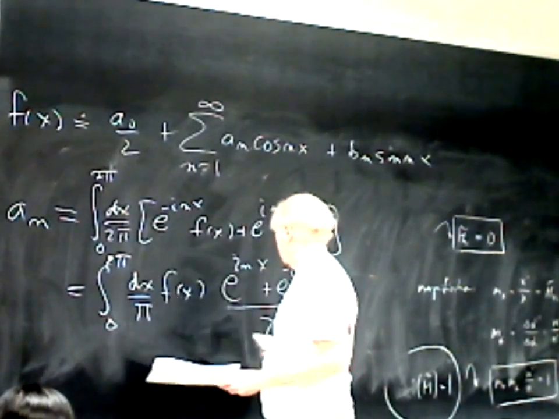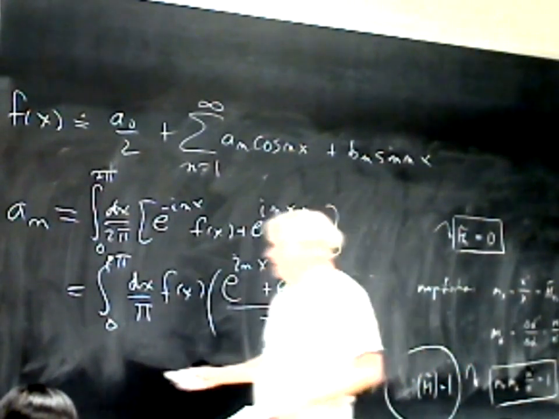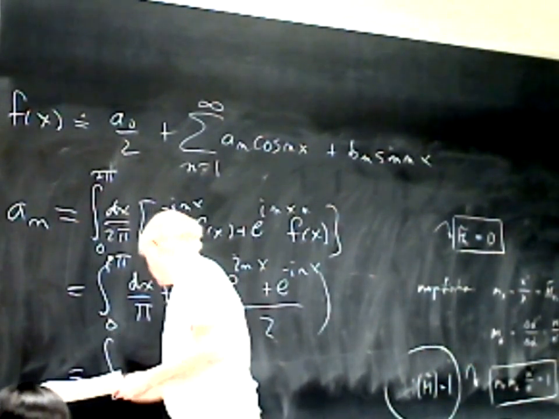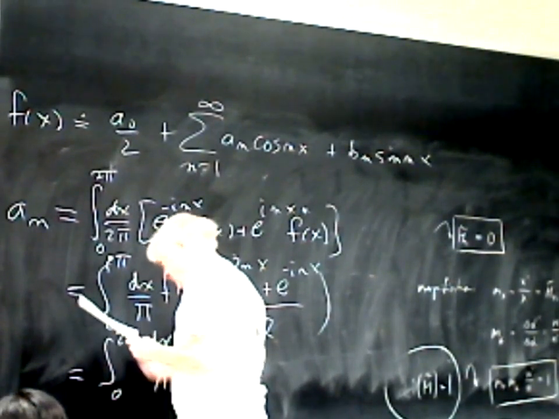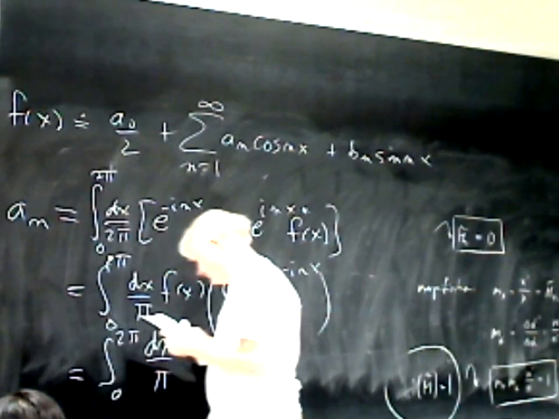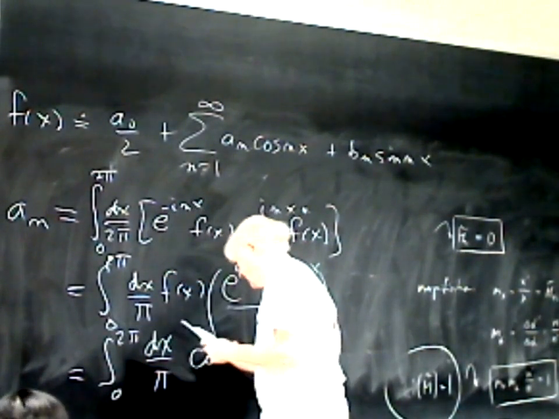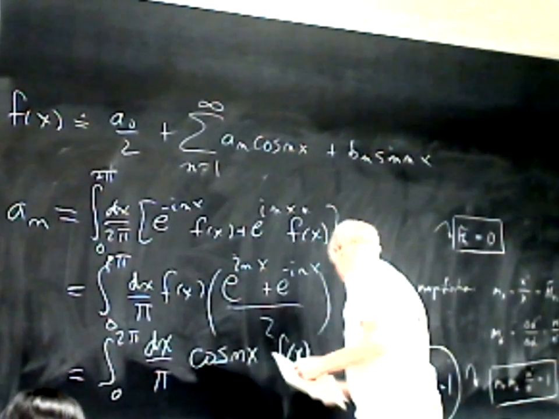I grabbed the 2 and put it there. This is just the cosine formula, and so this is equal to the integral 0 to 2 pi dx over pi cosine nx times f of x.